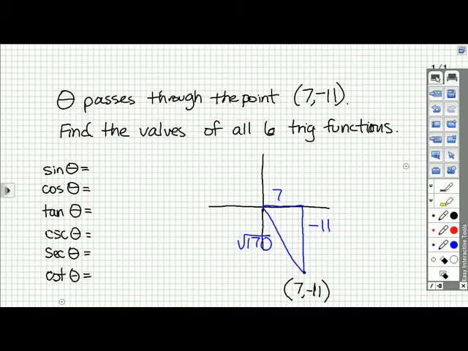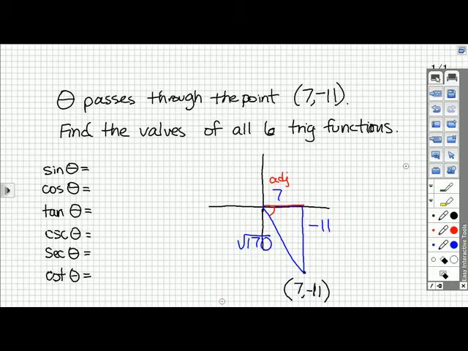The one thing I noticed on the quiz was people getting things mixed up about what opposite and adjacent were. Whatever is on the x-axis, this side here is always going to be the adjacent side, no matter what quadrant you're in, because adjacent means it touches, it's next to the angle.